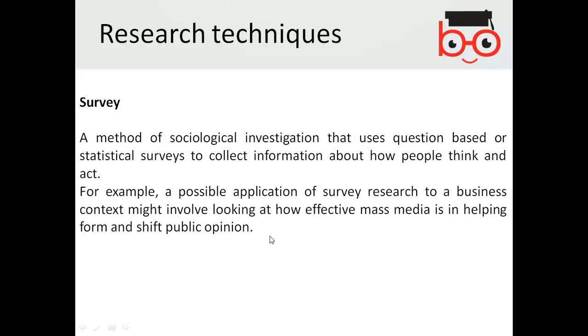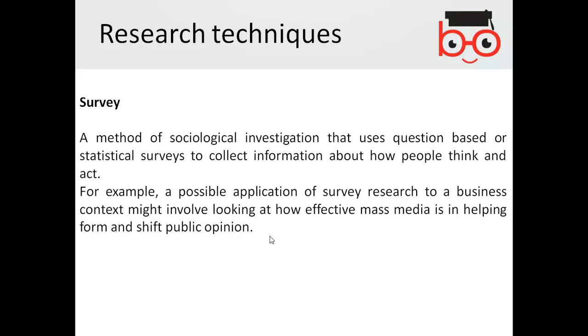So with surveys, for example, you want to survey someone about how mass media, which can be any media, newspapers, television, anything, has helped shift public opinion. Or it could be any opinion, generally about anything, to be surveyed from different people, from different groups of people.